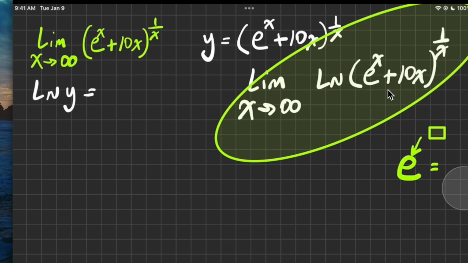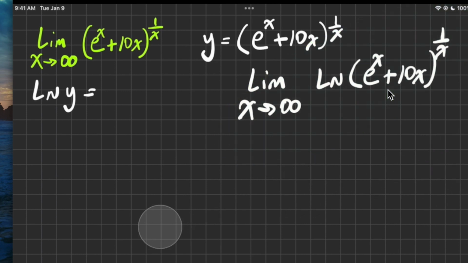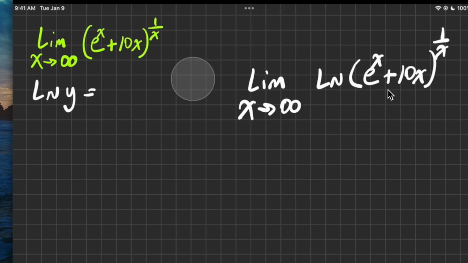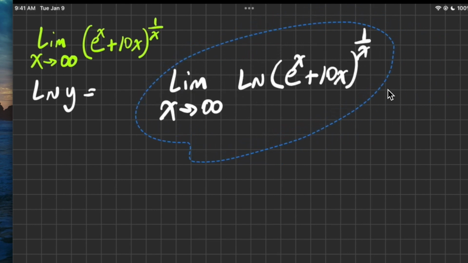Okay, let's go through the progress of this. I'm going to take this away, and immediately we're going to invoke the power rule of logs, which means we're going to bring this over here.